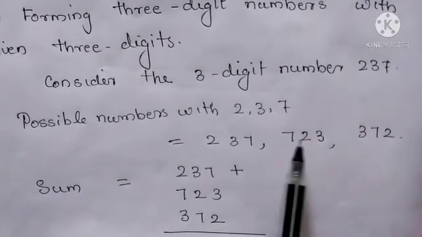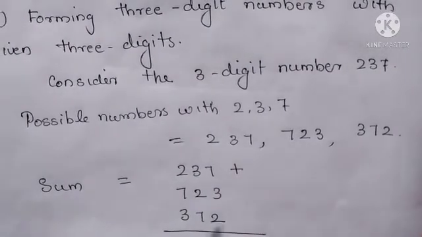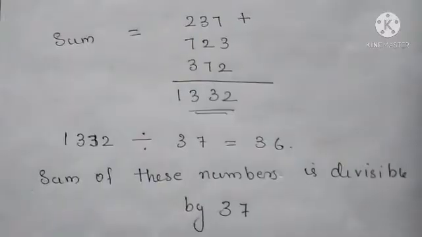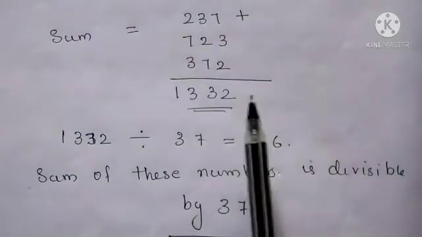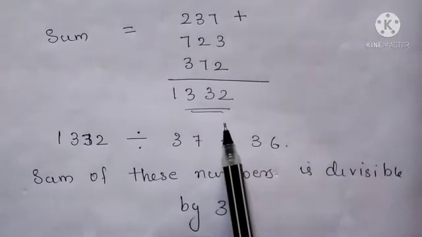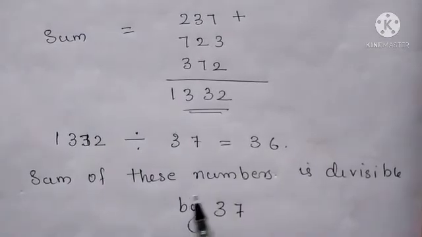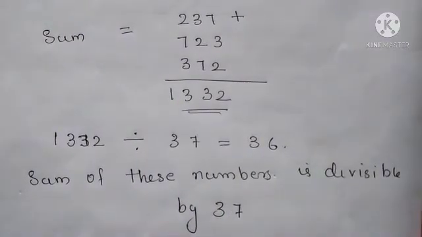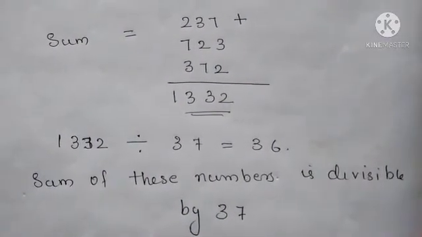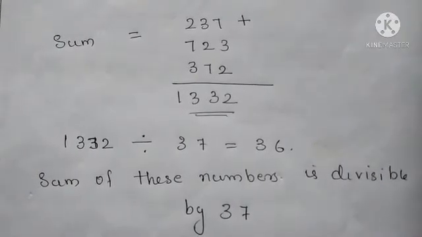So we can add these 3 numbers to get that property. The sum of these 3 numbers is 1332, divisible by 37. So the sum of these numbers is divisible by 37. That is a property of these 3-digit numbers with given 3 digits.